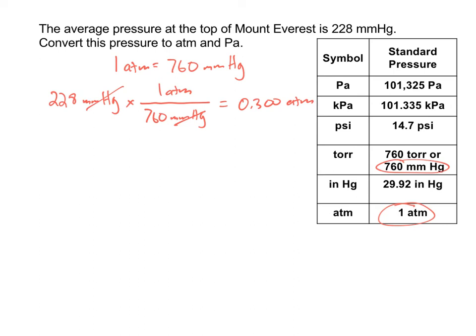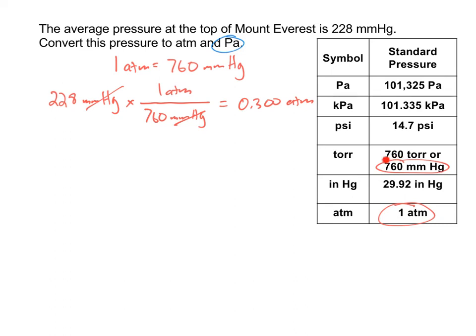All right, now if we want to go to pascals, I have it in atmospheres, and so I could go from atmospheres to pascals. I could use that 1 atmosphere is 101,325 pascals, or I can go from the 228 millimeters of mercury, and I'm going to do it that way.